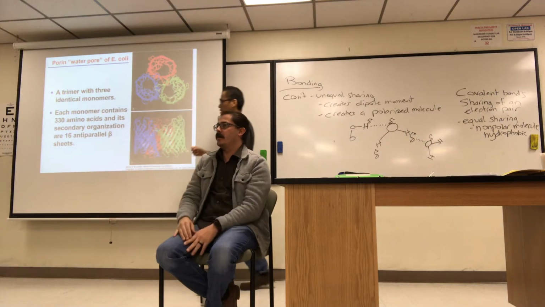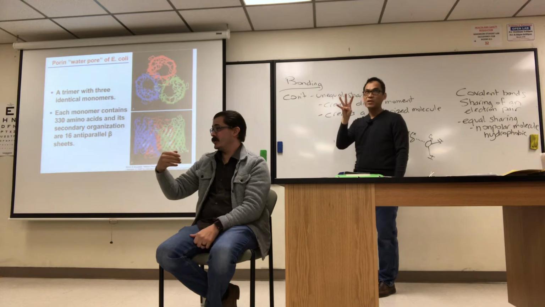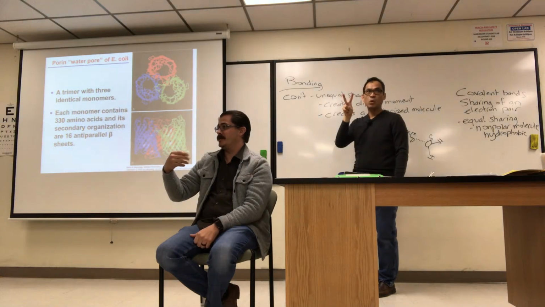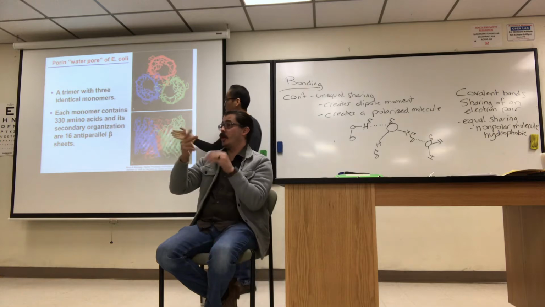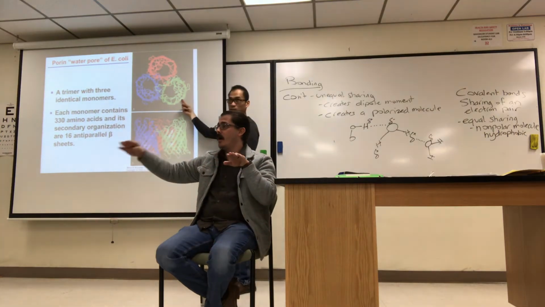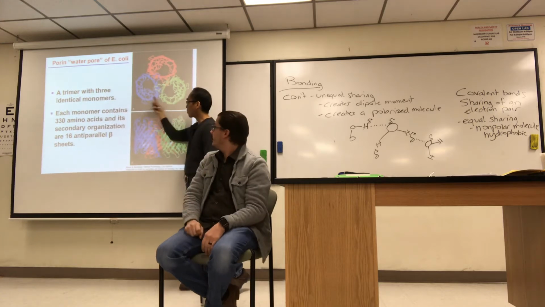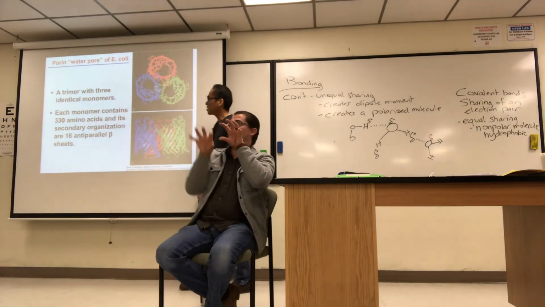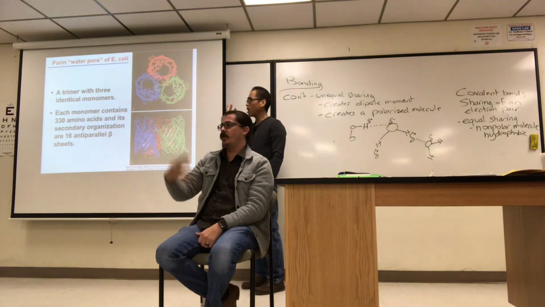So the beta sheet was what level? 1, 2, 3, or 4. The beta sheet was 2. But what you can see is the third level is a bunch of beta sheets in a row, say, this green one. But then when you link them all together like that, what level of organization is that? 1, 2, 3, or 4? 4. Yeah.